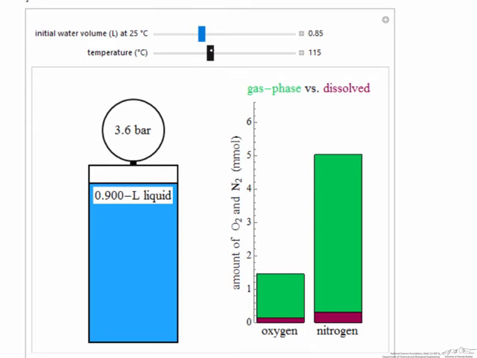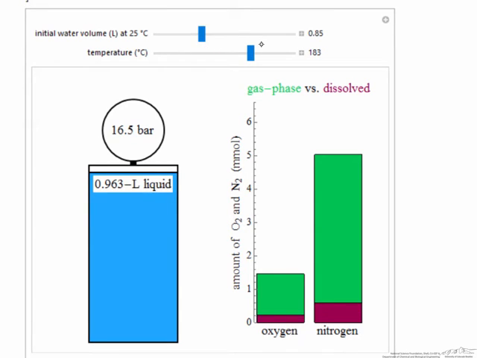As we continue to raise the temperature, the first thing to notice is the pressure is going up rather dramatically, and this is for 2 reasons. One, the saturation pressure is significantly higher at 183 degrees, and two, the volume of the gas is decreased from 0.15 liters to 0.037 liters.